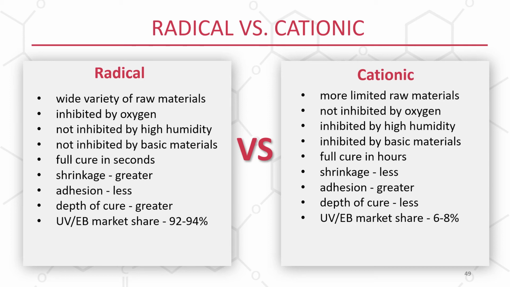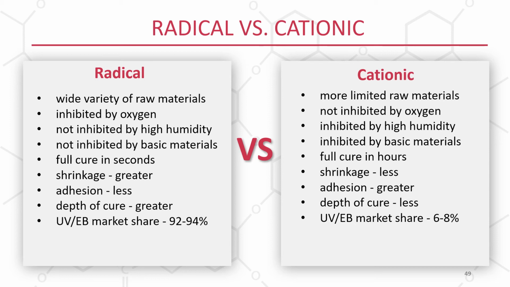Free radical curing can suffer from shrinkage. This tends to be sometimes quite high, 10 to 20%. Cationic cure, because of the mechanism, gives you potentially dramatically lower, or in some cases minimal, shrinkage, which results in greater adhesion for cationic curing. Depth of cure is greater in free radical, unless you're using something like an additive in cationic curing.